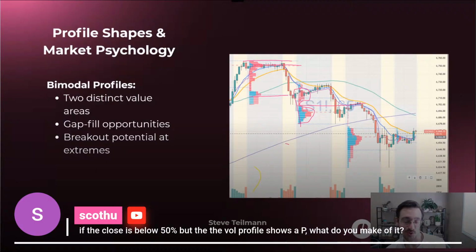You can construct a chart, if you're a market maker, so to speak, to trap people in a position that is beneficial to you. Crypto likes to do this a lot by closing market hours, like the cash session of the trading day, with a really bearish daily candle, but then right after hours, you see people just buy it up, and it's a gap up. So they kind of trap shorts like that.